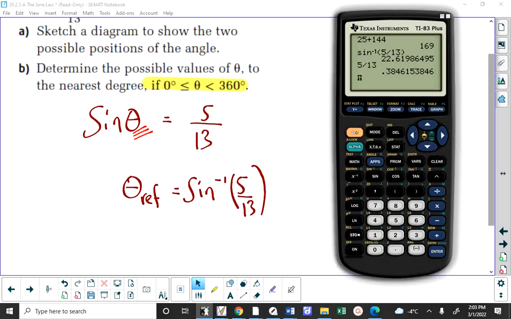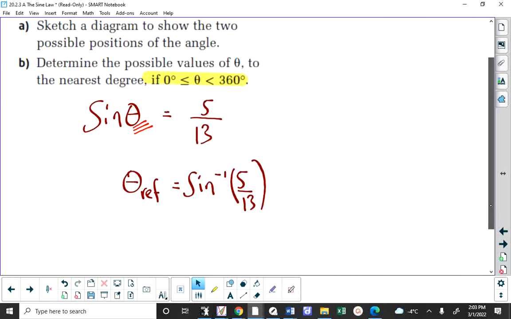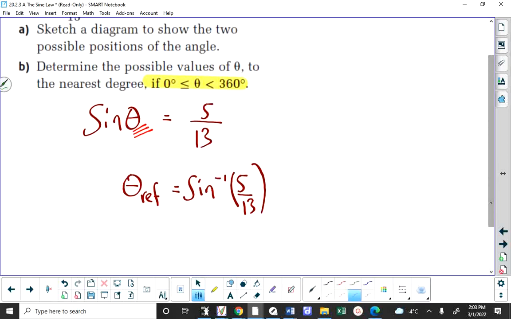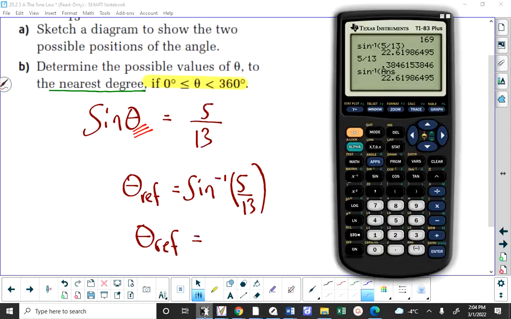Anyway, the reference angle is 23 degrees, and I'm going to use 23 degrees because it does say to the nearest degree. It said 22.6, so 23 degrees.